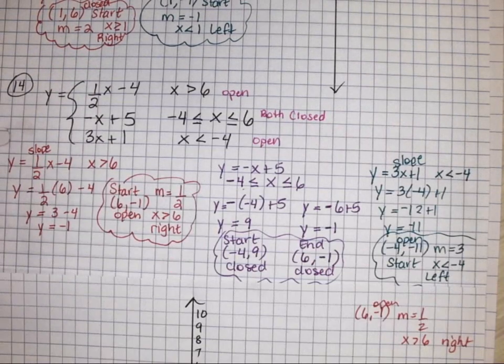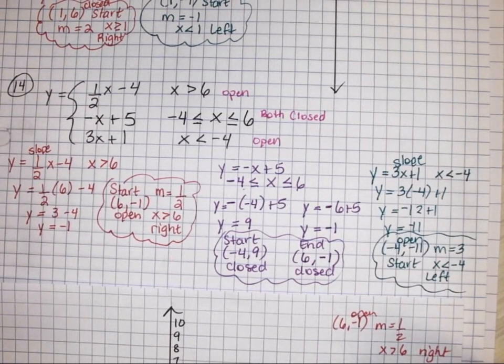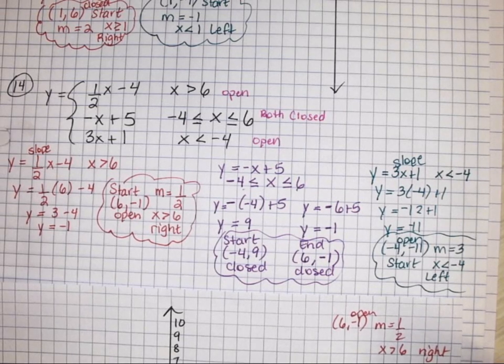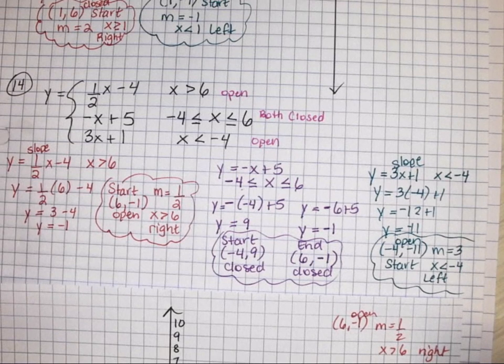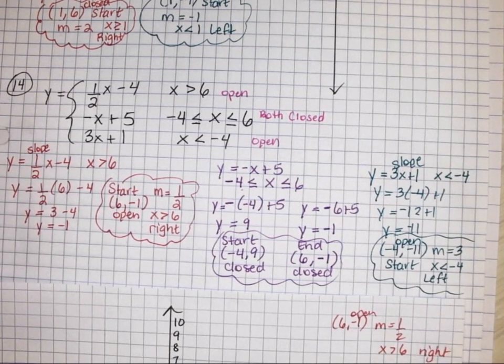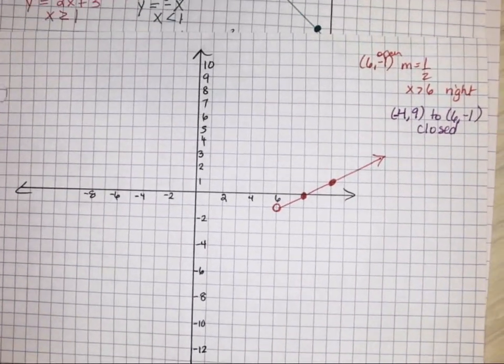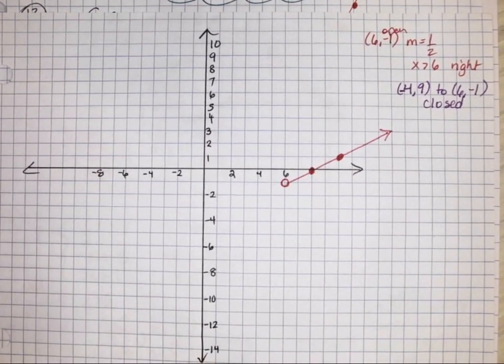For the part in purple, we had that it starts at negative 4, 9, and it goes to 6, negative 1, and both of them were closed. And recall, we said its slope is negative, so it should be going downhill, but let's graph it and see.